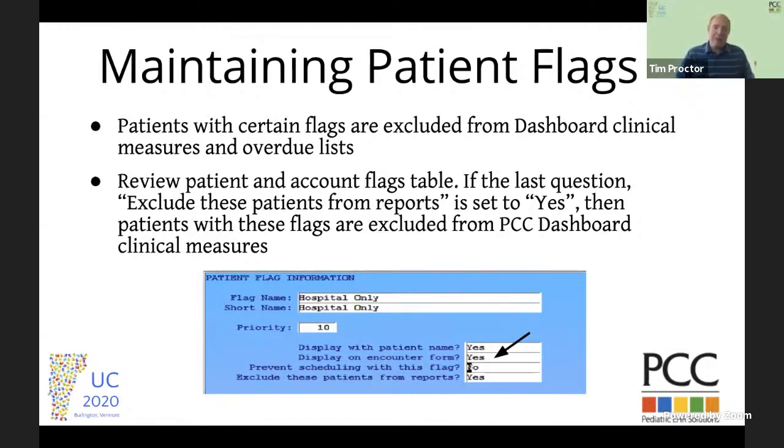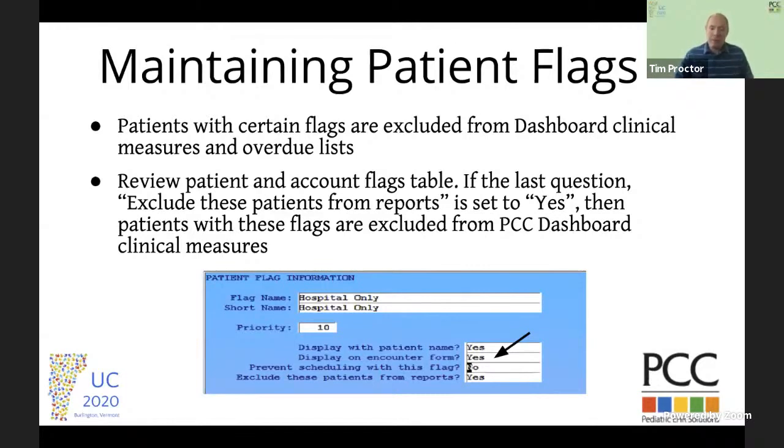Our recommendation is to review those flags on a regular basis. If you look at each flag entry on your system, you'll see a question at the end. I'm actually pointing to the wrong question there, but it's the one about excluding these patients from reports. If that's set to yes, then any patient with that flag will be excluded from dashboard measures.